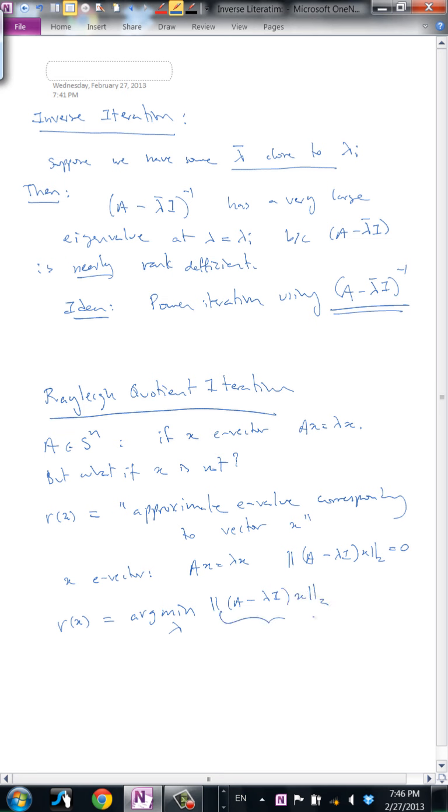This is a convex function, so I'll leave this as an exercise. It's quite simple to show that this minimizing value is equal to x transpose Ax divided by x transpose x. So this is, again, what's called the Rayleigh quotient.